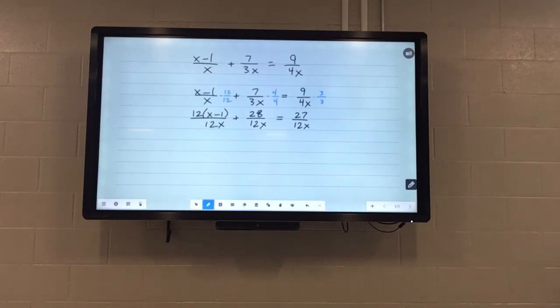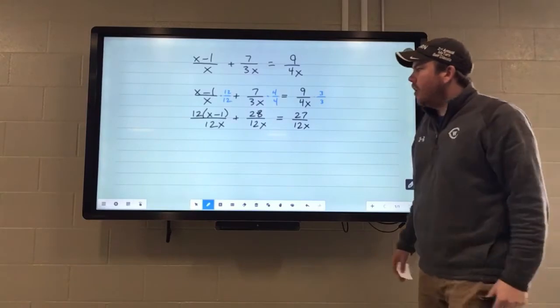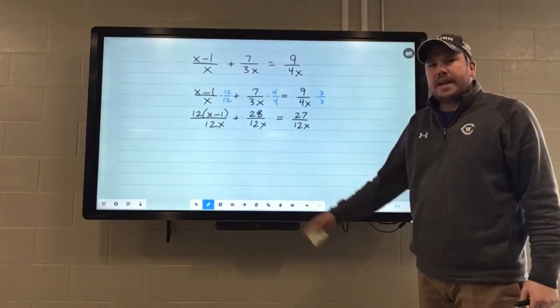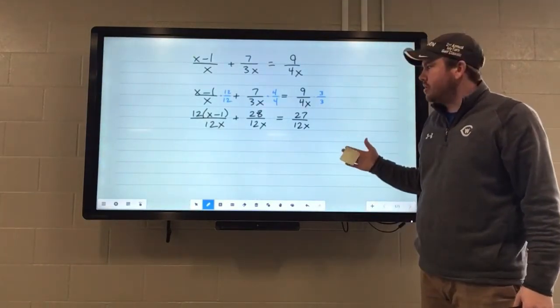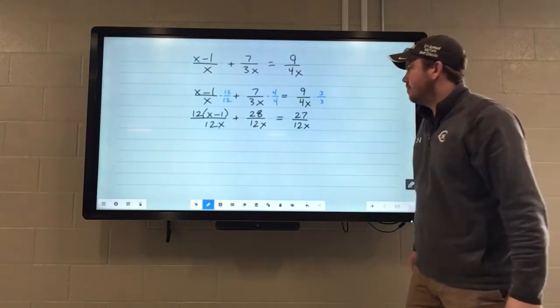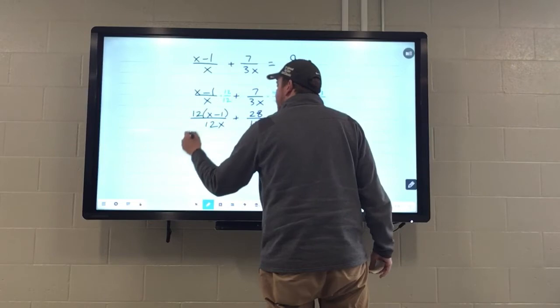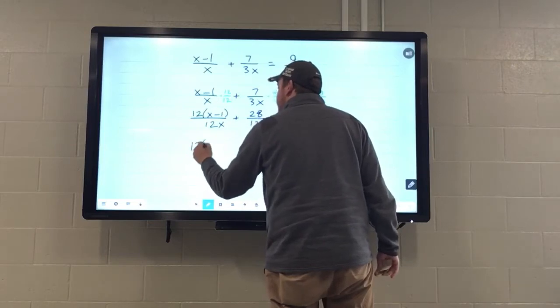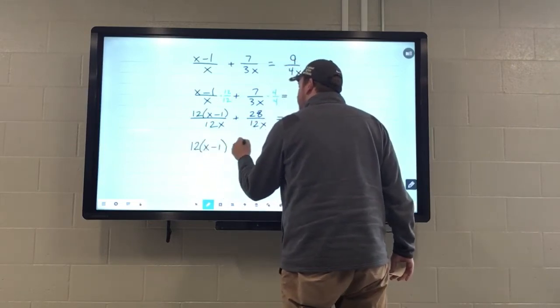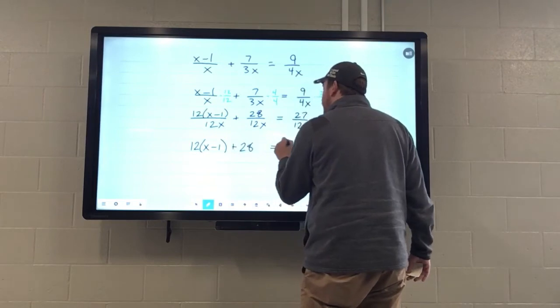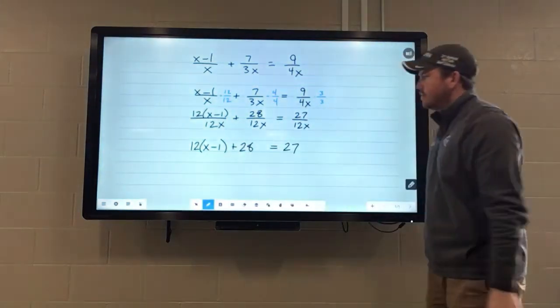And then this is the really cool part. Once we have all common denominators, we can now just rewrite this entire equation without the denominators. So I'm just going to rewrite the entire equation, again without those denominators. So 12 times x minus 1 plus 28 equals 27.